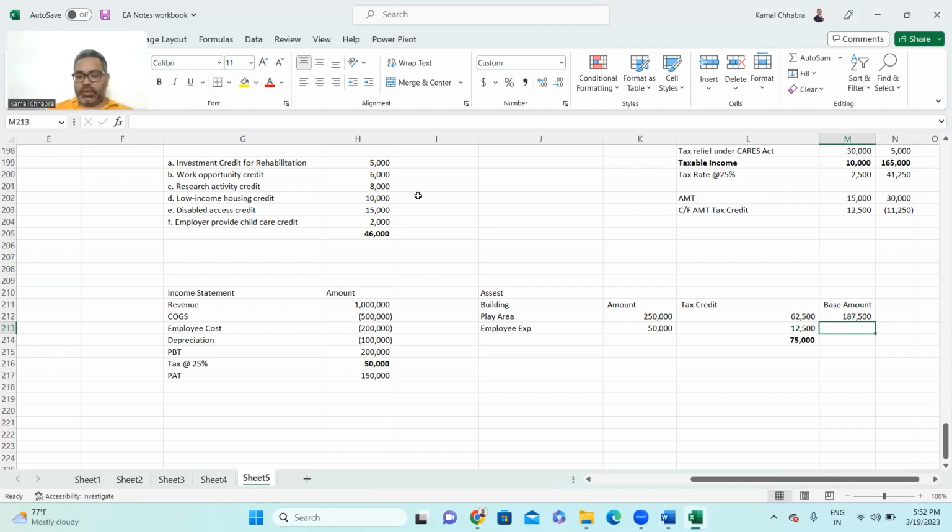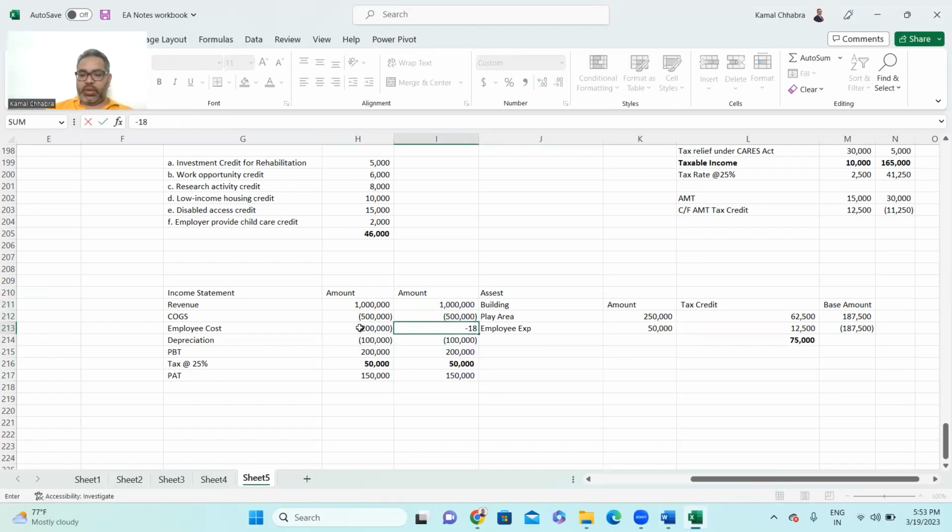Another important thing is this expenditure, which is employee cost, should reduce the amount you have taken as a credit. So here, your new income statement may have employee cost of minus 187,500.